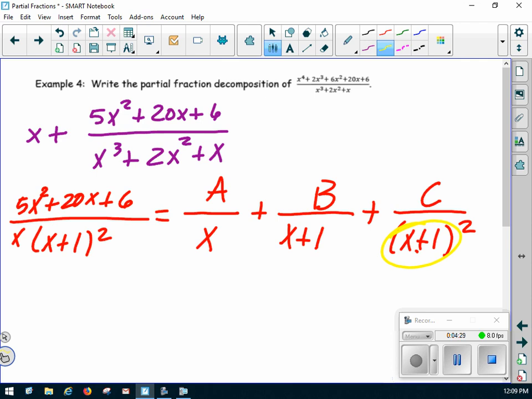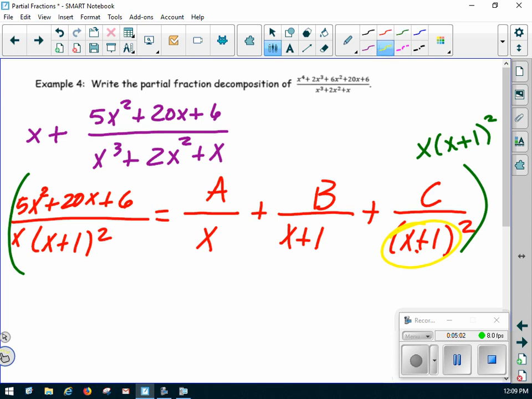All right. Now we're ready to get rid of fractions. And we're going to do that by doing what? Yep, we're going to multiply everything by the common denominator, which is x times x plus 1 quantity squared. Now remember, we're going to multiply all 4 of these terms, here, here, here, and here, by this.